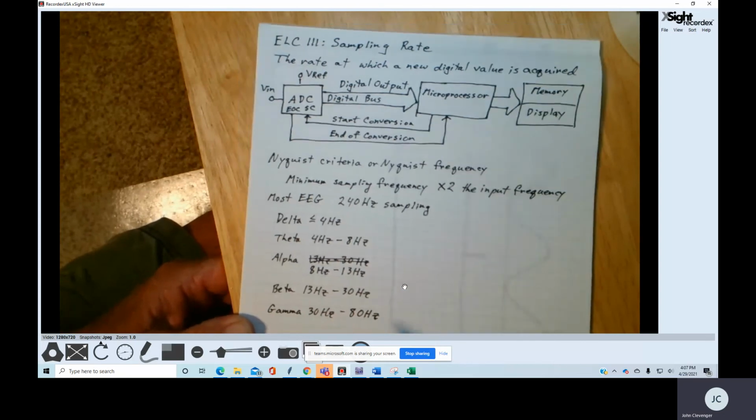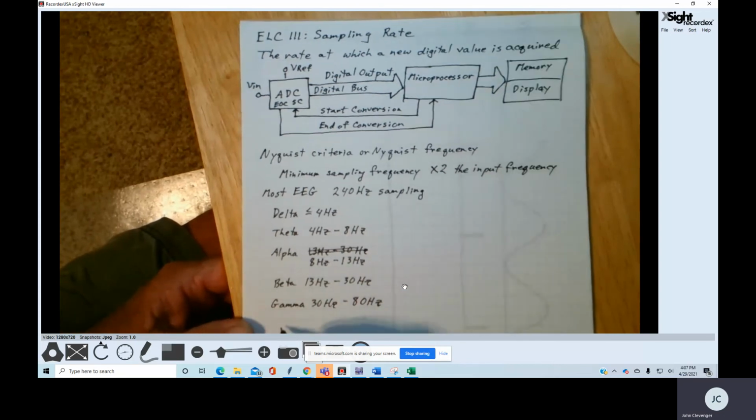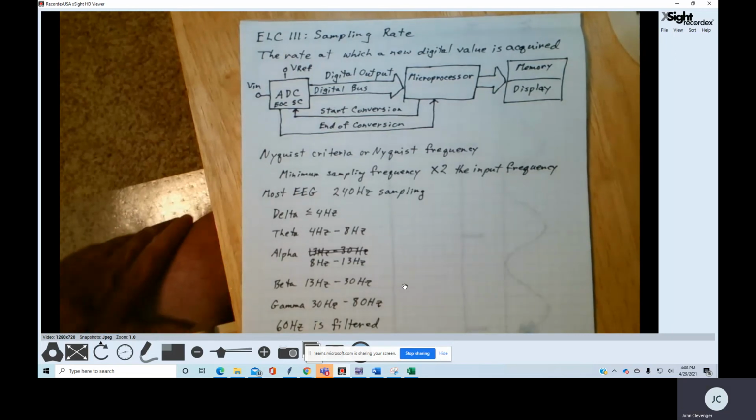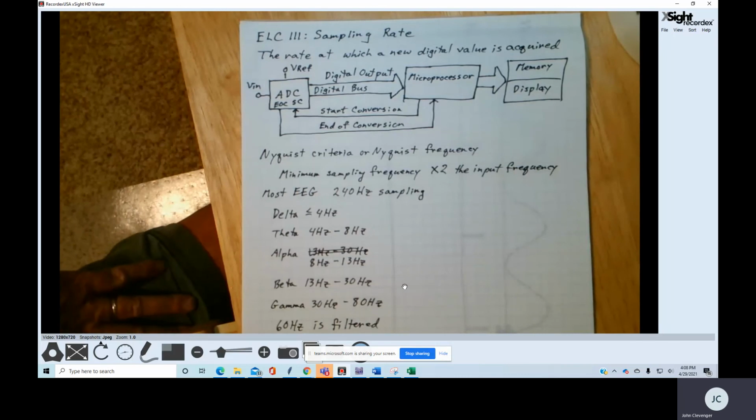Now, one of the problematic noise issues in EEG measurements is the 60 hertz interference, or 60 hertz energy, that we get in our system. So the 60 hertz information is really going to be filtered out by our low pass or high band pass filters.